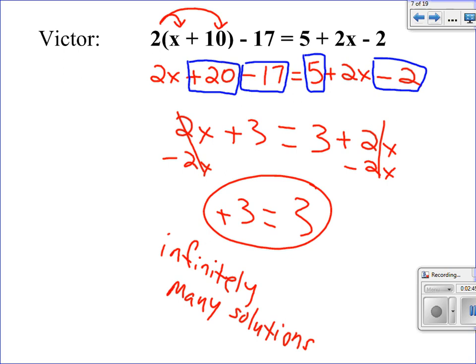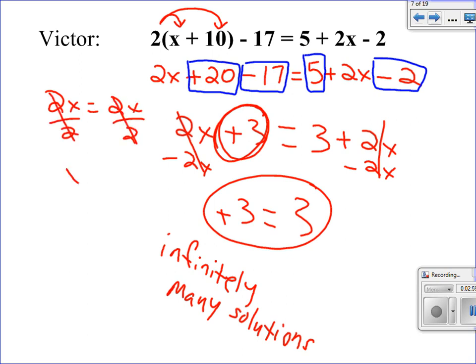If you chose to get rid of the plus 3 first, you would end up with 2x equals 2x, divide by 2, and you end up with x equals x, which we talked about being the other possibility to tell us that there are infinitely many solutions.